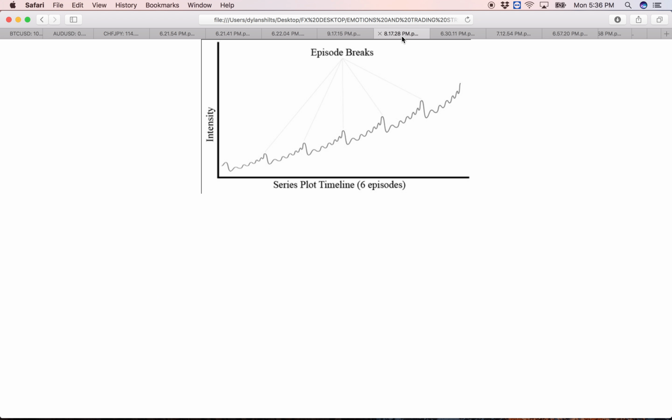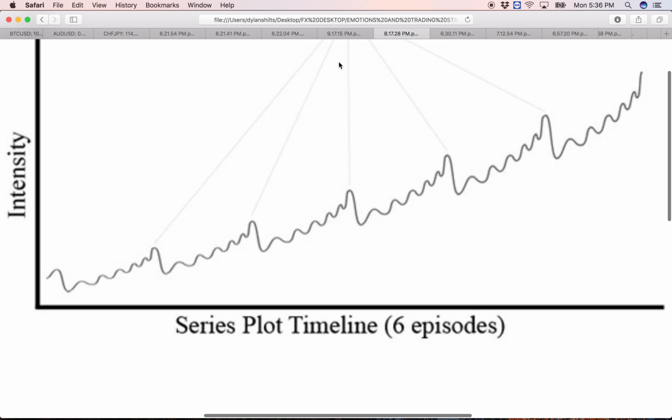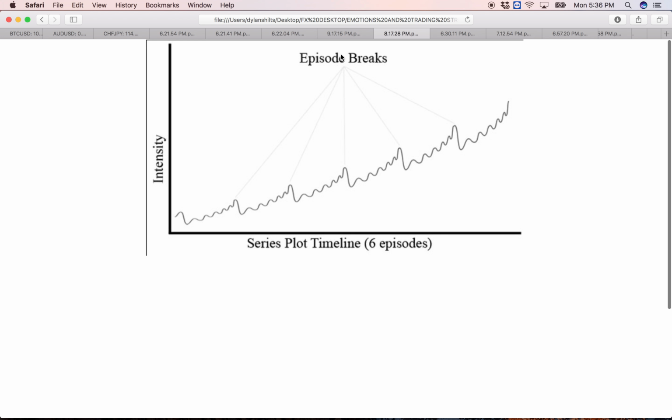So here's a perfect example of the market, but this is a TV episode, right? We have the individual smaller trends within maybe a 4-hour time frame.